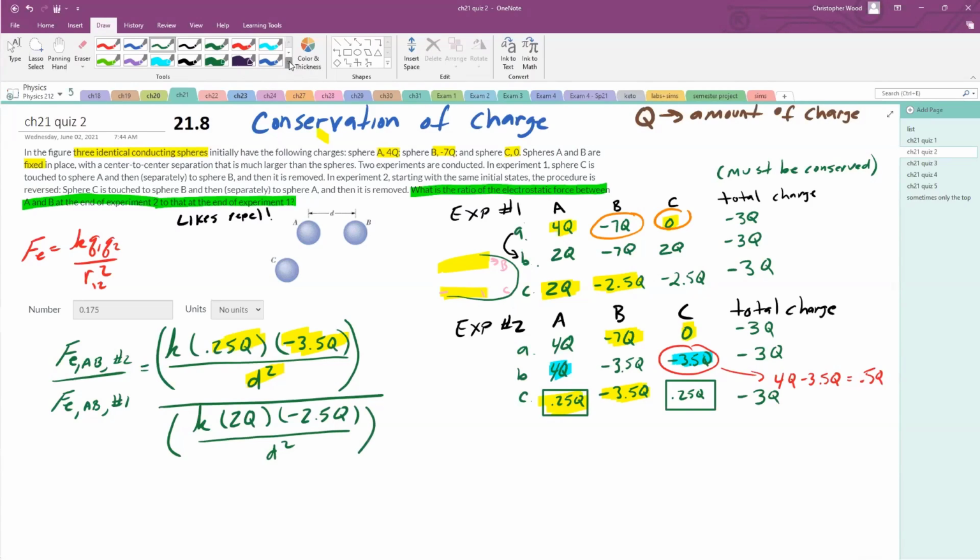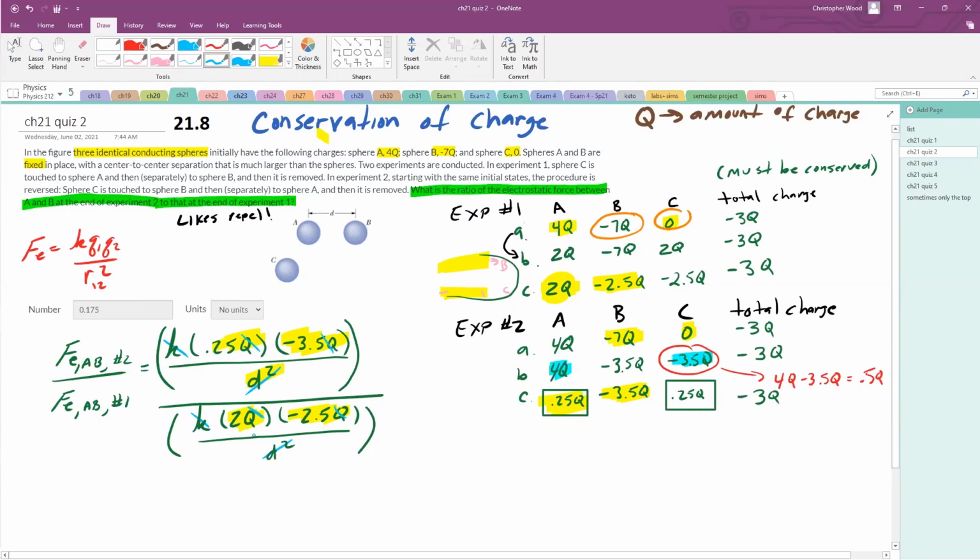And let me just sanity check. All right, so my denominator, this is the force between A and B at the end of experiment number 1. So it's K QA times QB. Okay, I think that's good. And then you can see everything cancels. K cancels, Q, Q, Q, Q, D squared, D squared.